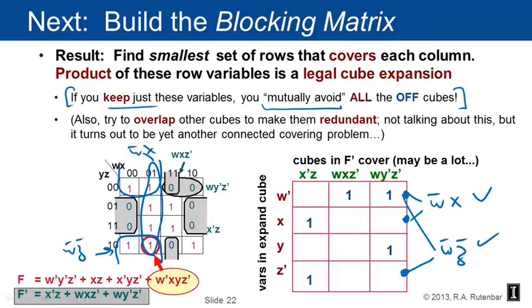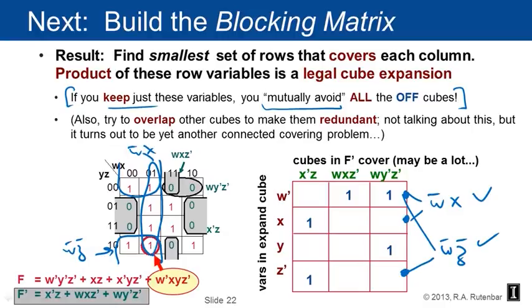So it turns out to be a really nice, simple sort of technology. Build the blocking matrix, find a cover, a minimum set of rows that puts at least a single 1 in every single column. The rows that define the cover, those variables, that's what your product is.